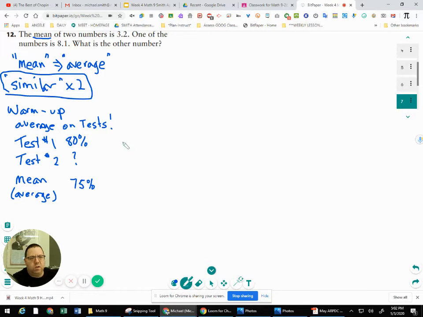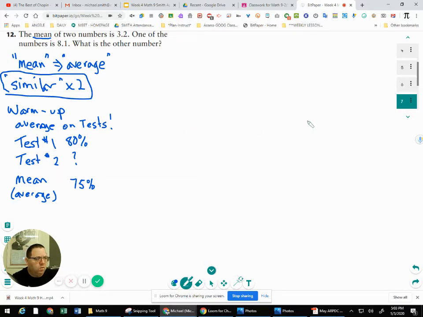Okay, well, how do we figure out an average? And by the way, if you've solved this mentally already, you might be trying to just apply common sense here and go, well, I think if one test was 80, but your average is 75, you probably scored lower on the second, this missing one, and it would have to be 70.